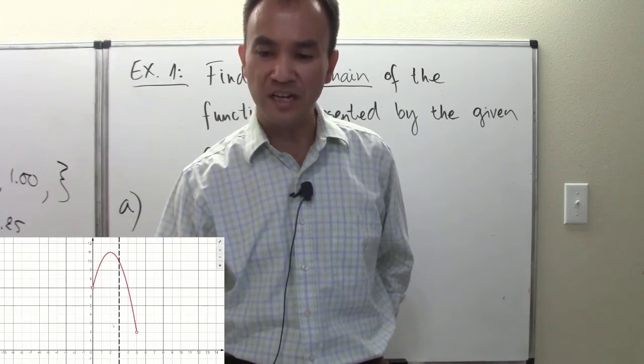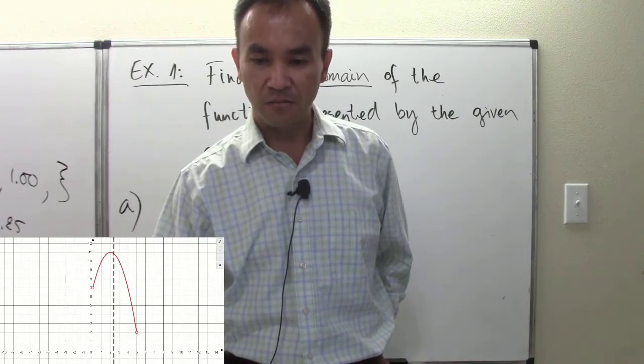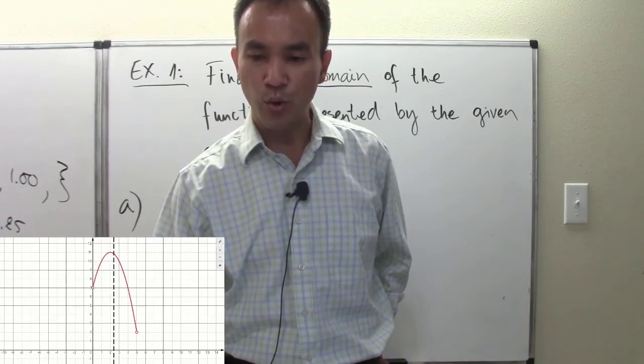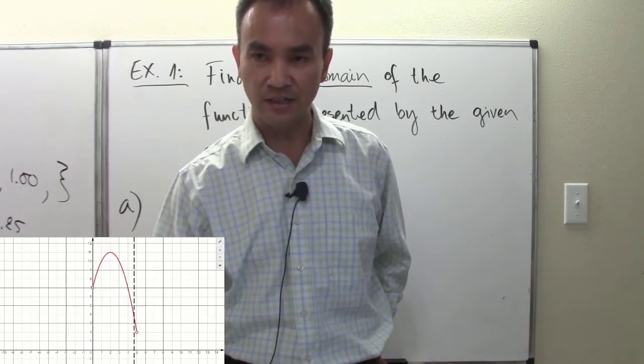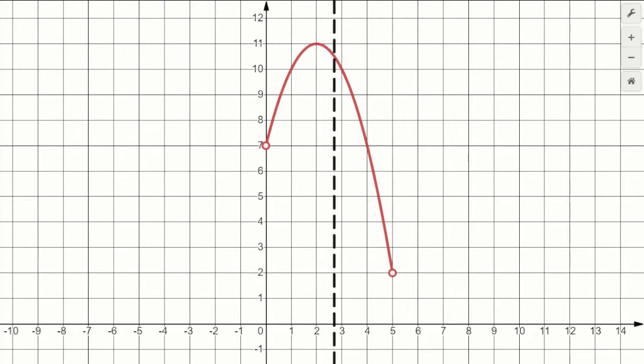Let me bring it in closer zoom. So anywhere between 0 and 5, clearly this vertical line hits the graph and creates a point on the graph. I can move that to different places, and that point is still there with me somewhere.